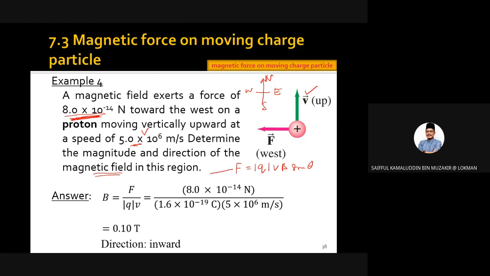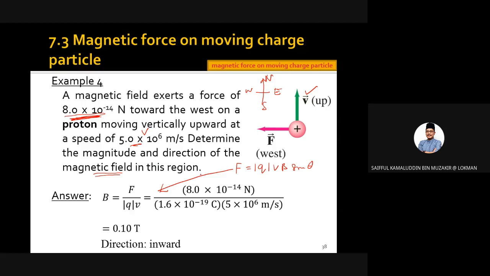Rearrange the equation, you'll get B equals F divided by QV. How about sin theta? The angle between V and B is 90 degrees. If it's not mentioned in the question, assume that they are 90 degrees.